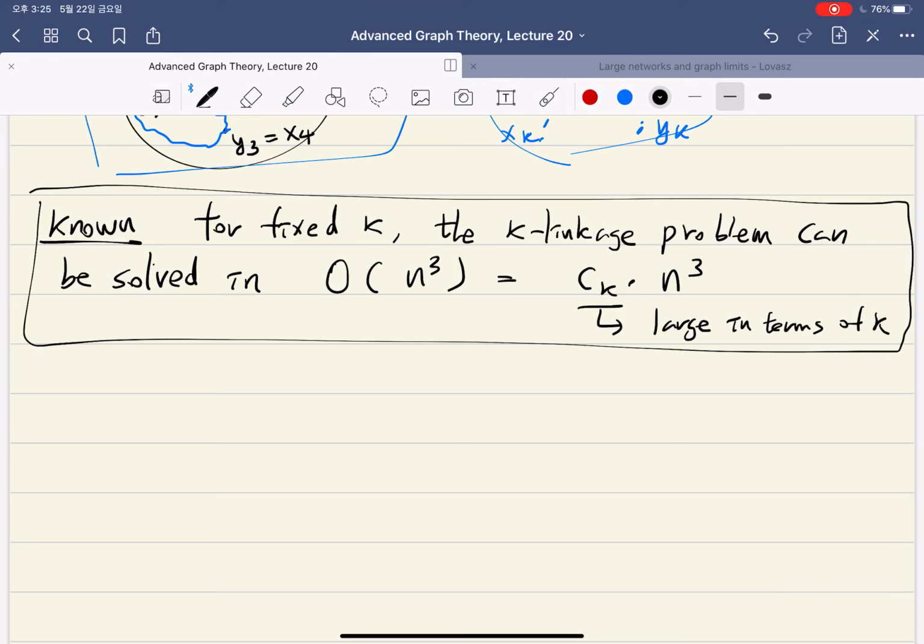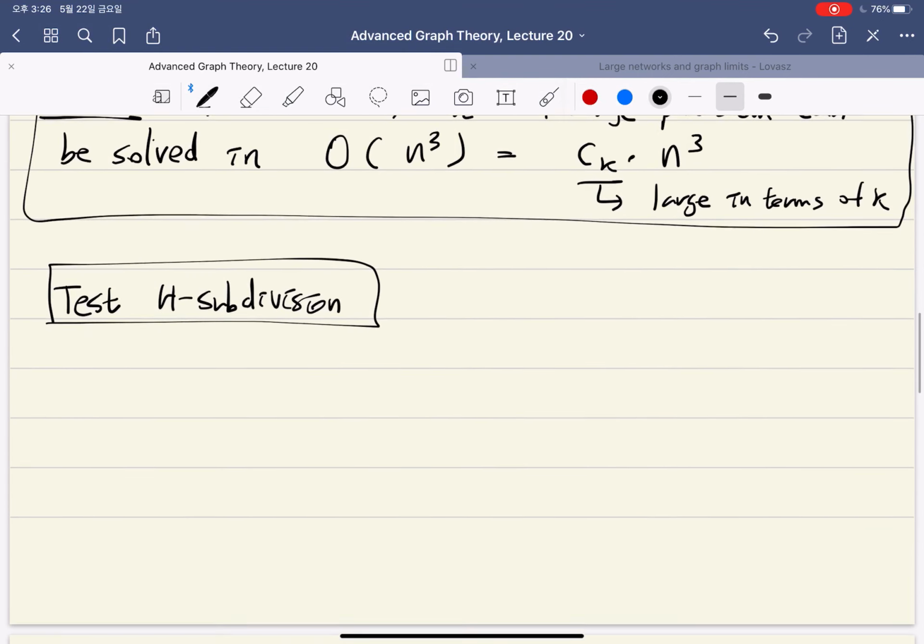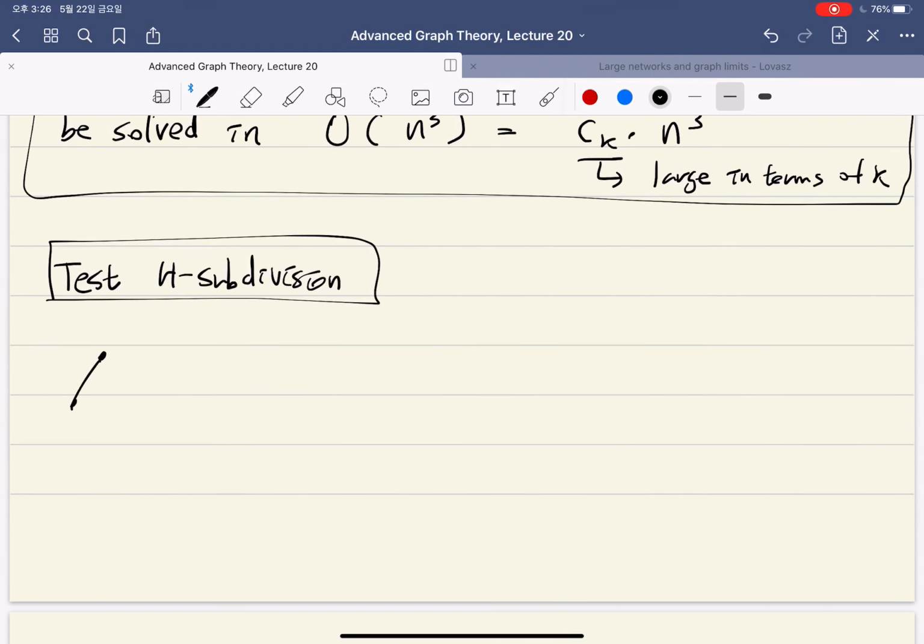So one can actually, if you want to just test H subdivision, testing H subdivision can be done in polynomial time. What you do is, once you have say your H, say this K4 is your H, then you consider these 6 edges. And in G, you pick 4 vertices.